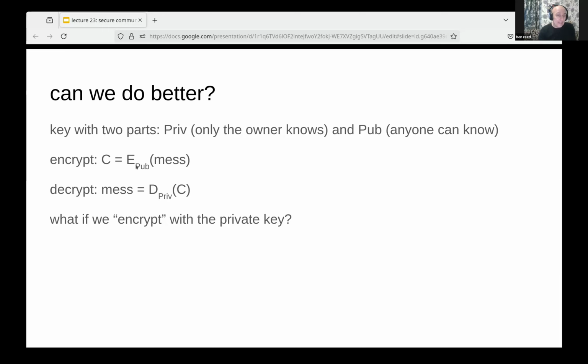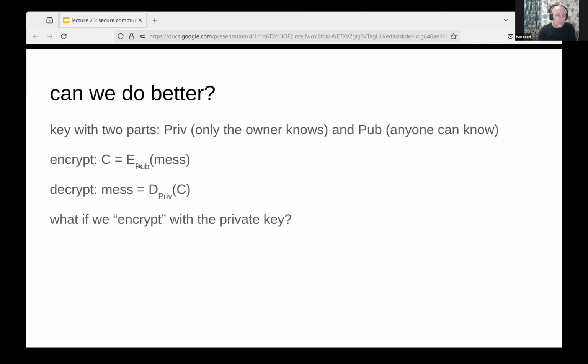Since everyone knows the public key, they can use this key to encrypt a message. This will generate some ciphertext, which we're labeling C. This C is the encrypted message, and the only way you can decrypt that message is using the private key, which only the owner knows.